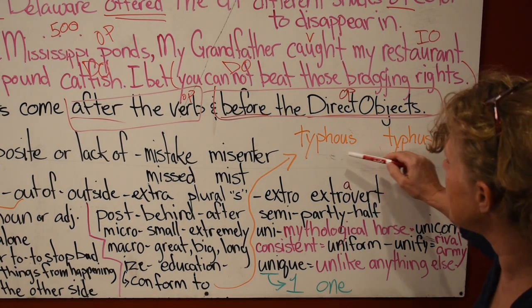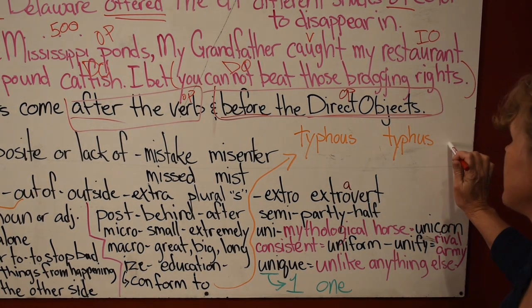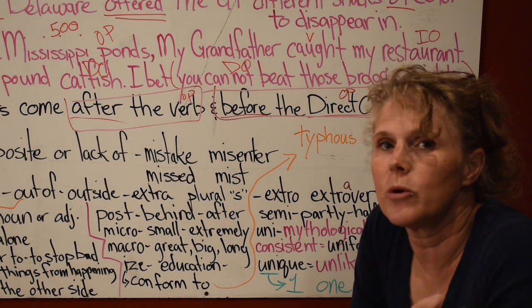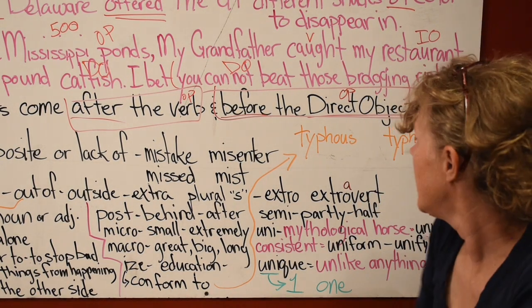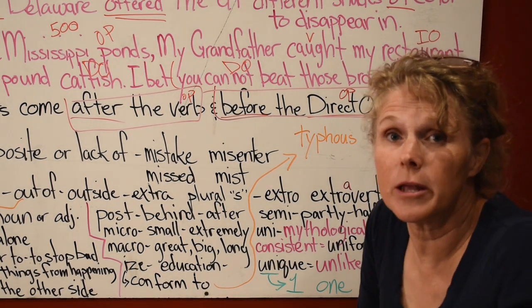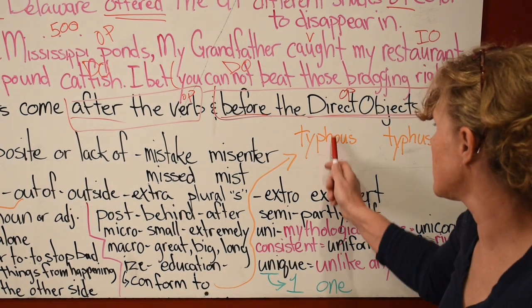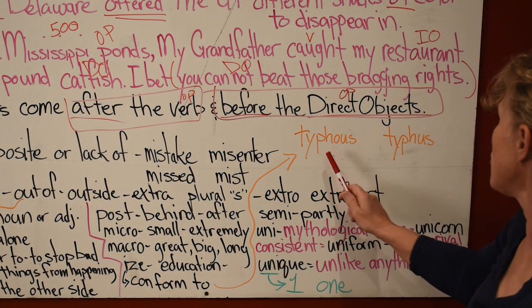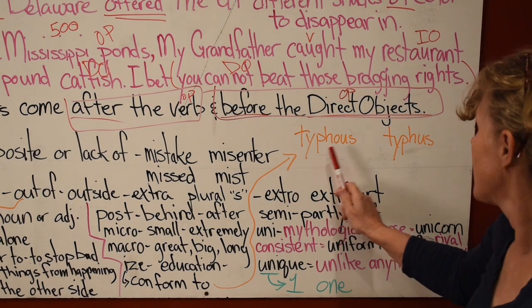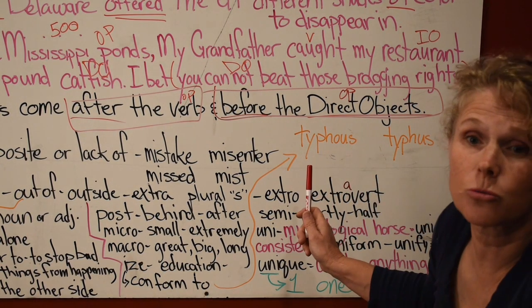All right, so now look at this. And I'm sneaking in another suffix here, typhus and typhous. Now you have to be really careful with the OUS in words. Now OUS is a suffix if it's sitting on a base word, just your main word, or it could be part of the word. Now these are both spelled correctly, and it just depends on how you're going to use your word.